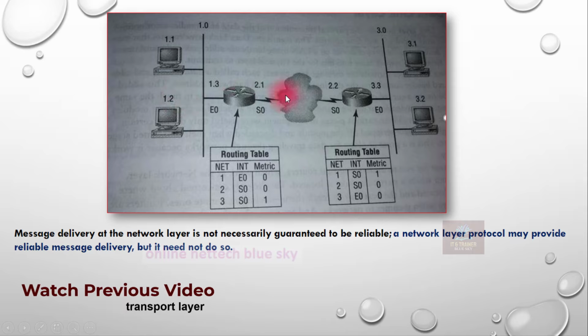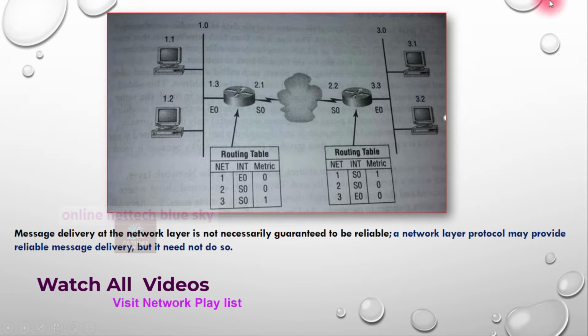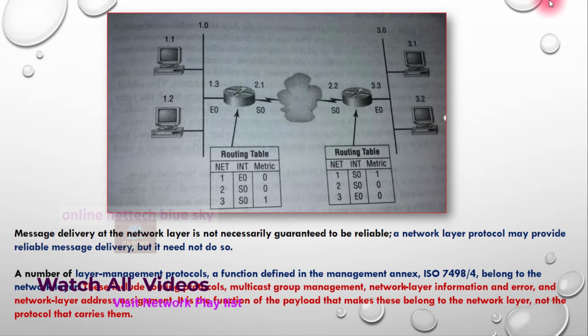Your company router sends data to another router, one by one, through company routers, and then to the Google company router and Google server, which replies to your data again, coming back through your router system to open your web page. Same as that. So message delivery at the network layer is not necessarily guaranteed to be reliable. A network layer protocol may provide reliable message delivery, but it need not do so.